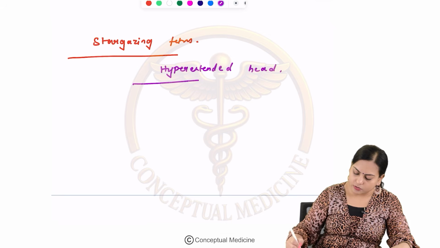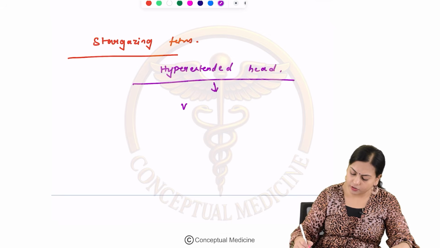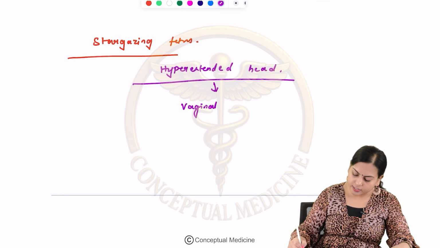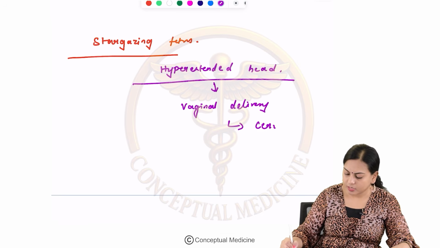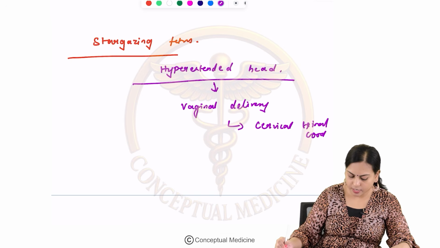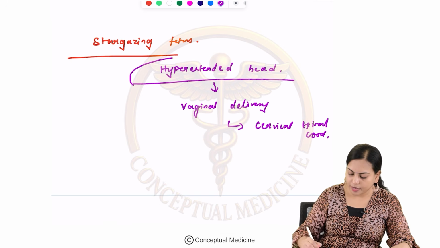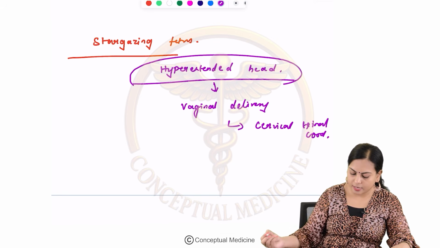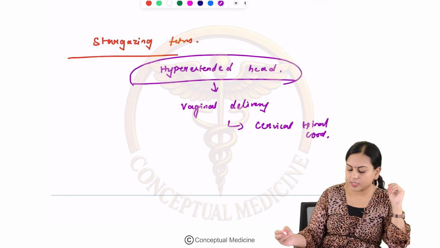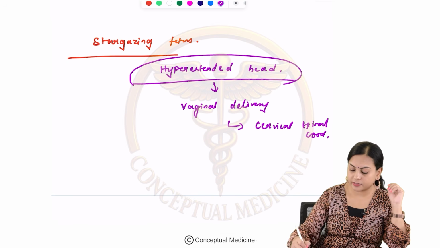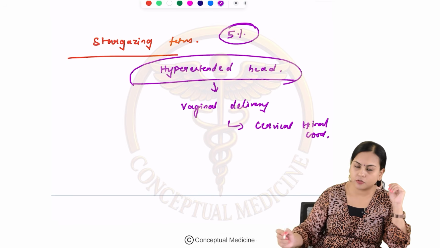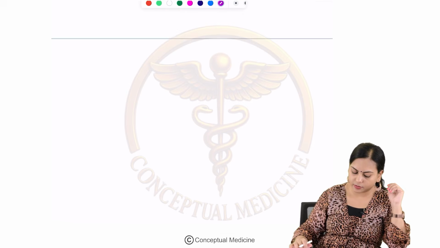In that case, if you try to do vaginal delivery, it can injure the cervical spinal cord. This type of stargazing fetus is seen in 5% of the babies, right?